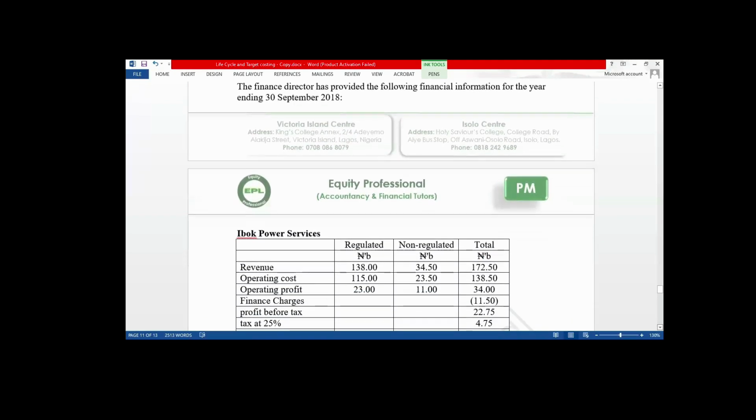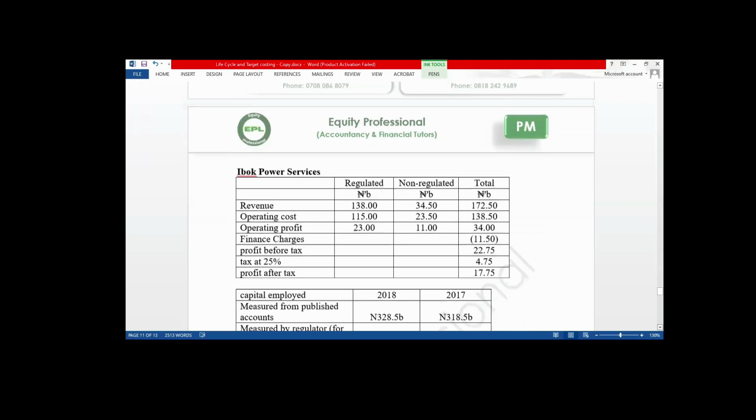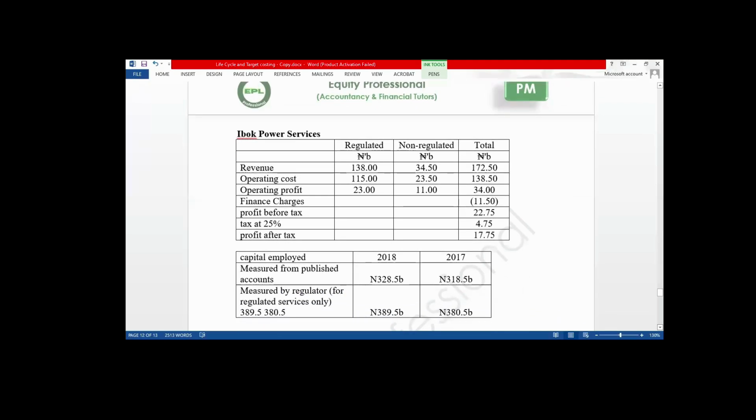We have power services revenue from regulated services, non-regulated services revenue, total revenue, operating costs, operating profits for the company as a whole, finance charges, profit after tax at 25% rate. Then we have capital employed, measured from published accounts 2017-2018, measured by the regulator is also given.